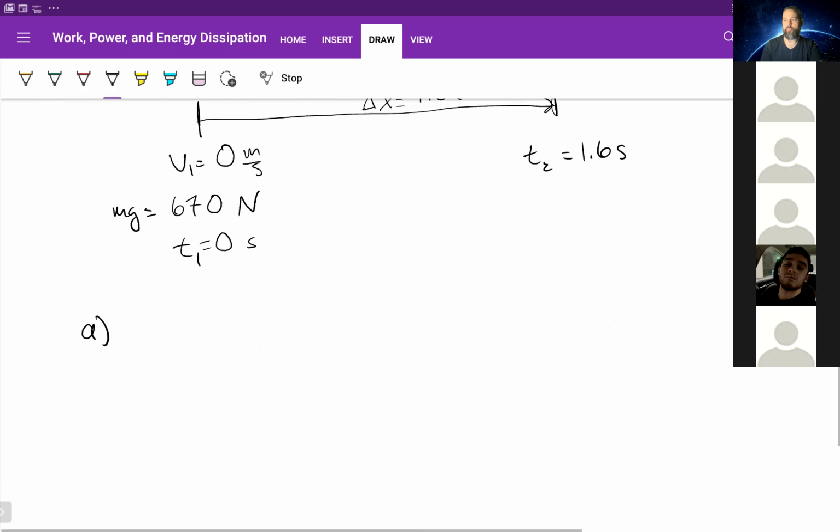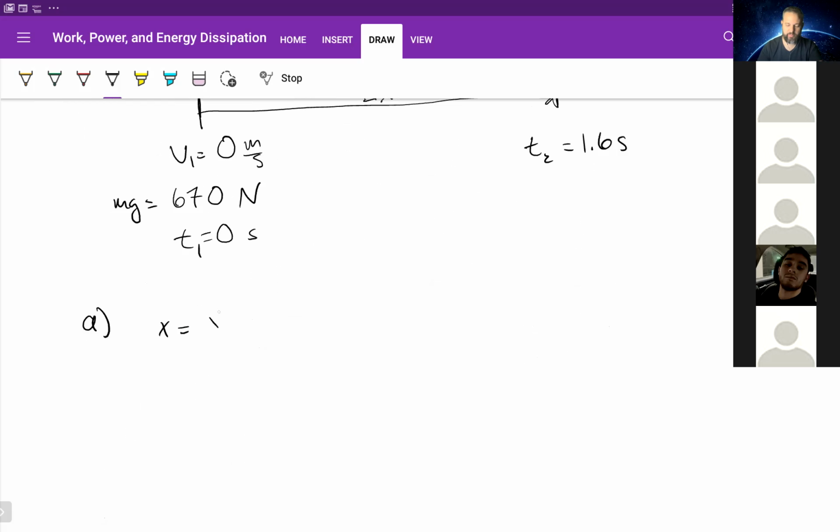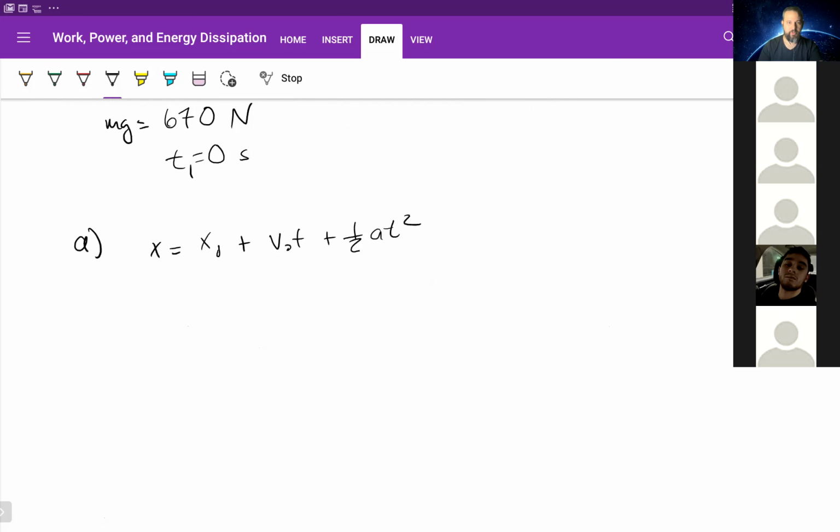To do that, we need to go back to our kinematic equations. To skip some of this, I'm just going to give you the equation that's useful here. So x minus x naught is equal to v naught t plus 1/2 a t squared.